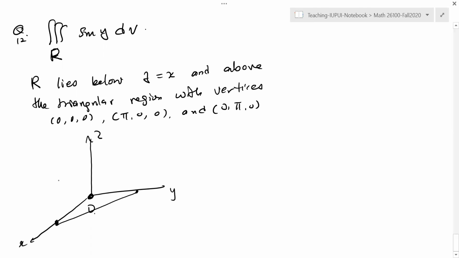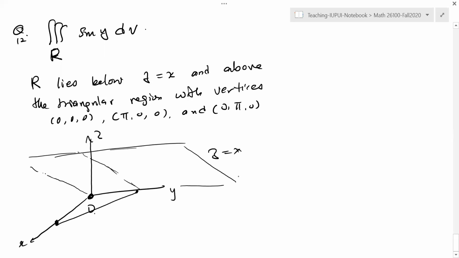In the xz plane it's just a line, but it's independent of the y variable. So you have a plane. This is a plane, looks like that. And we only consider the portion under this plane.